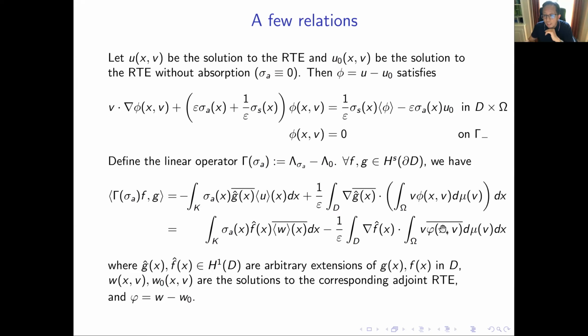And this phi tilde is W minus W0, which is the transport equation without diffusion.